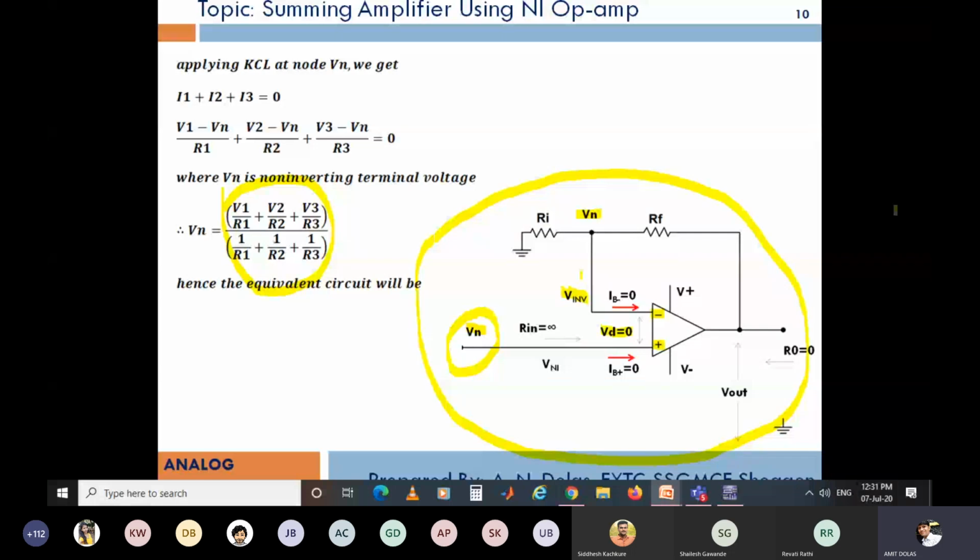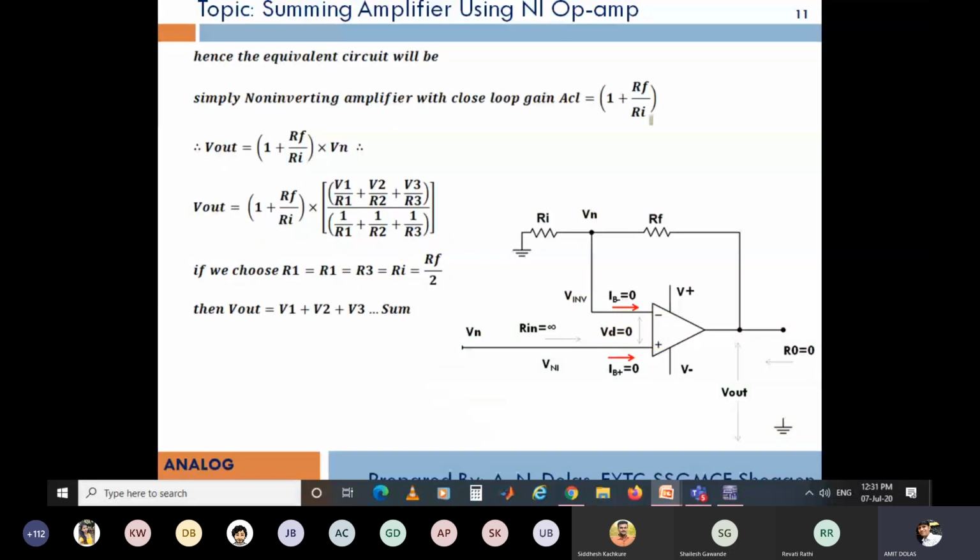This is simply a non-inverting amplifier with feedback resistance Rf and input resistance Ri. So writing the Vout equation is very easy. Hence this equivalent circuit will be simply a non-inverting amplifier with closed loop gain.